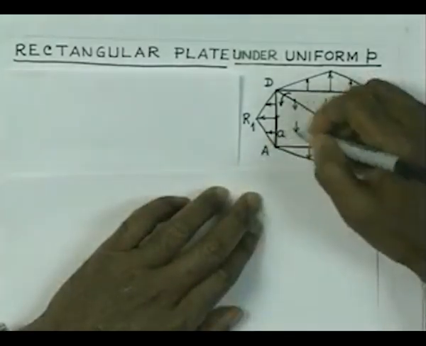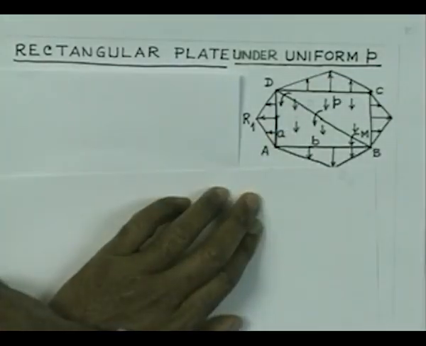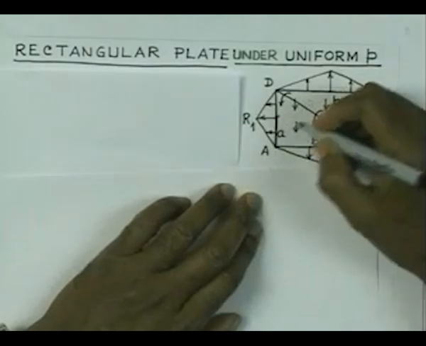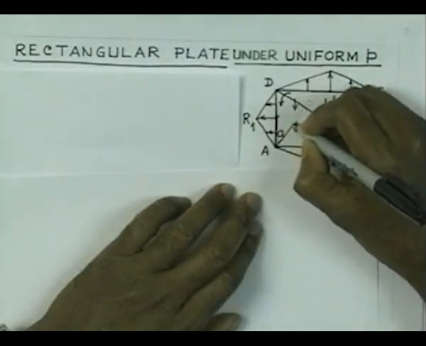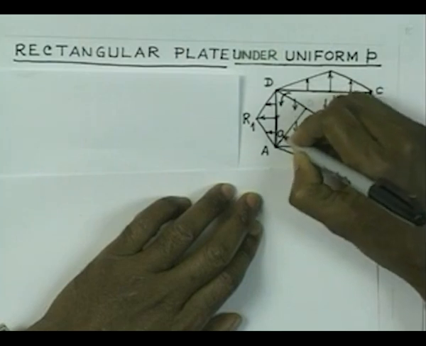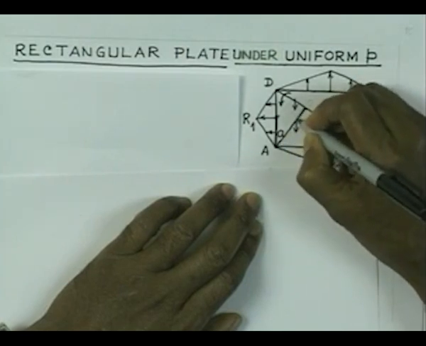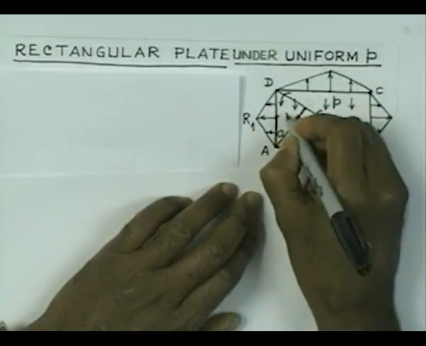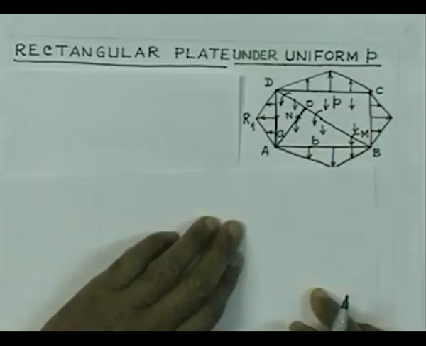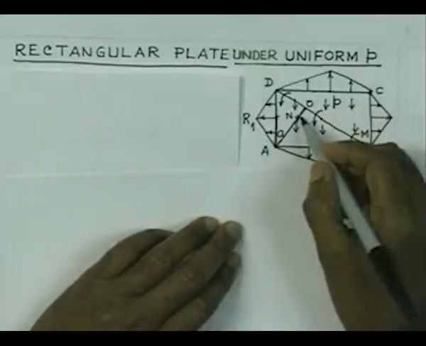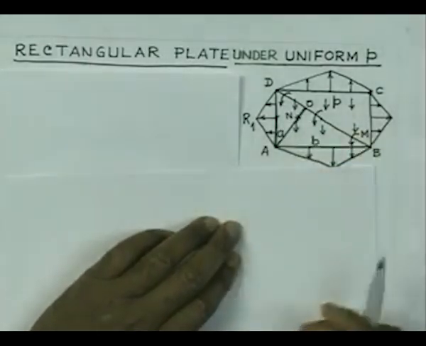Now, the external loading, which is uniformly distributed pressure over the triangle ABD, is going to have its center. If we drop a normal here on this diagonal, then at 1/3 of the height somewhere here, we are going to get the center of the loading. So, therefore, this ON is the distance of this CG of the distributed pressure.